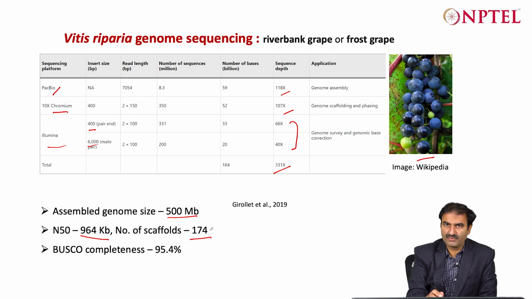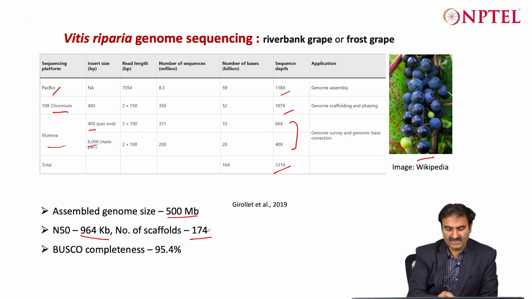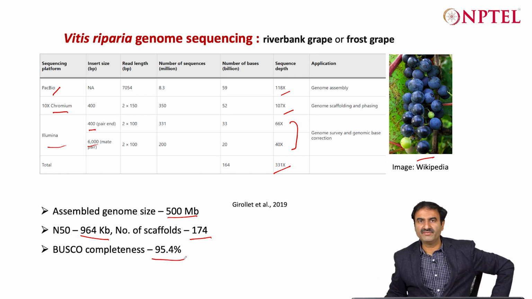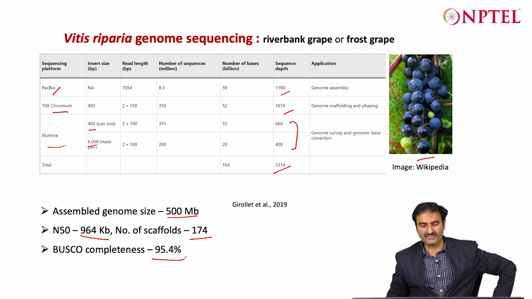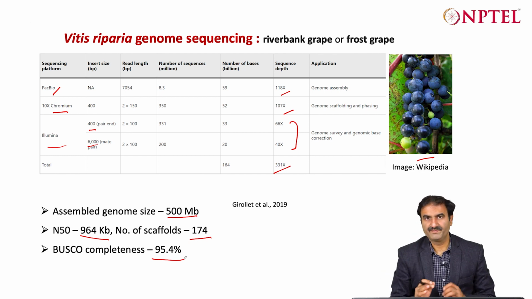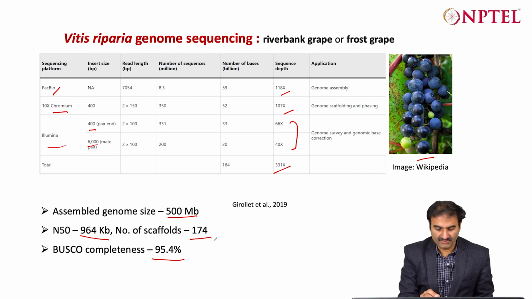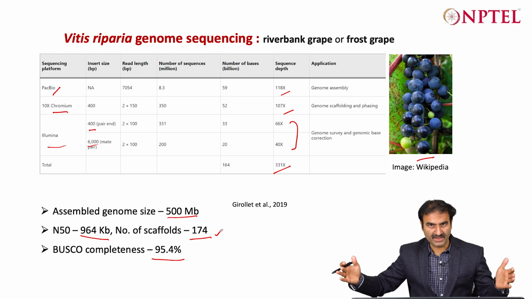That means they could cover the genome almost completely. BUSCO completeness was 95%, meaning almost 95% of the transcripts or genic information has been covered. That means that much of the genome has been covered, about 95-96%. And the breadth of the genome, which was the question earlier, is in only 174 pieces. That means they have covered a nearly complete genome.